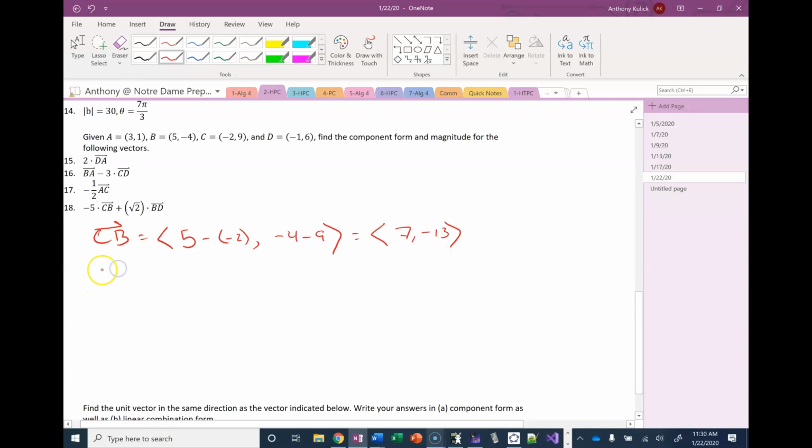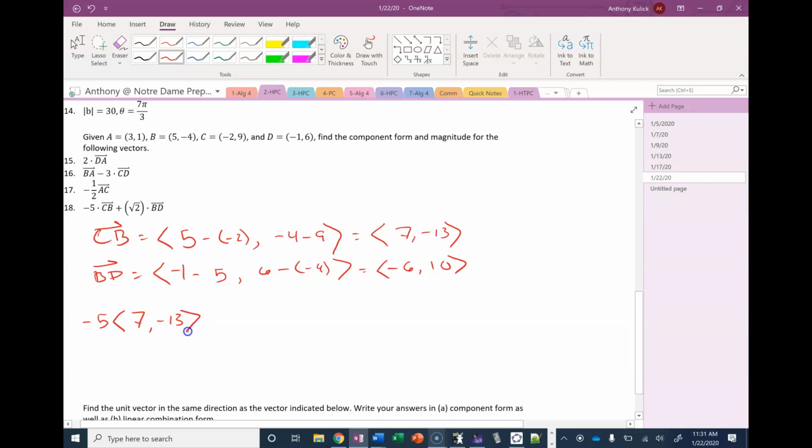And when I do the same thing for BD, so the terminal minus the initial, and then terminal minus the initial. So far, so good. Okay. And then I'm going to just plug in these.